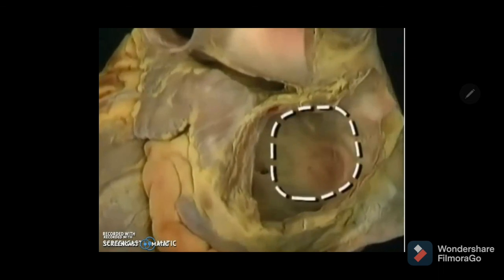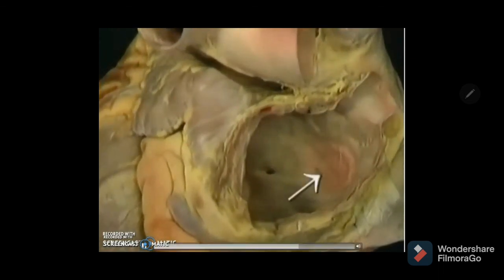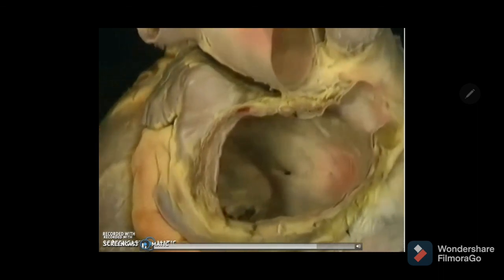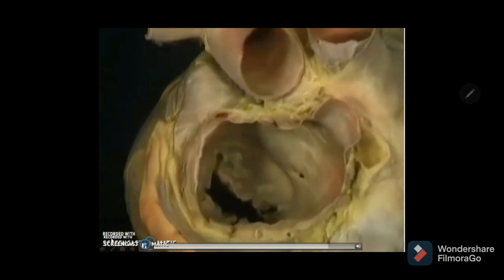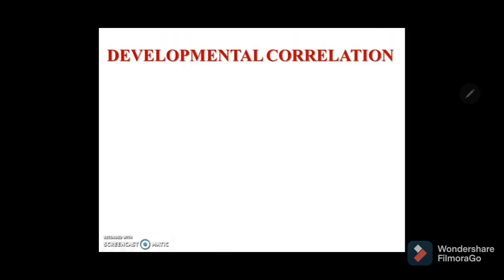In the posterior smooth part, you will see the openings of the 4 pulmonary veins. The anterior rough part shows musculi pectinati, which are less well developed compared to what you have seen in the right atrium. So the features of the left atrium are similar to the right atrium. That is the bicuspid valve, what you are observing.